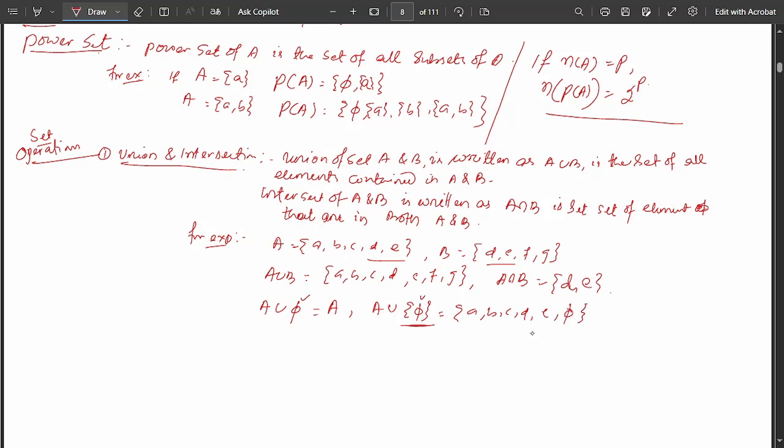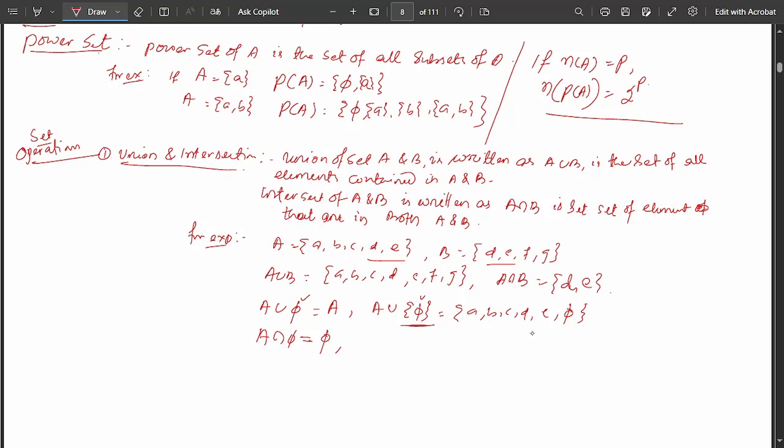Similarly, A intersection phi: there is no element in common between A and phi, so this will be phi. This is all about union and intersection.